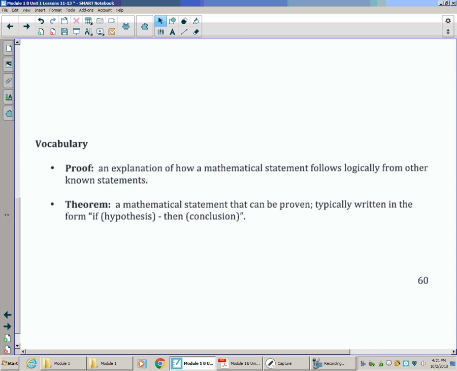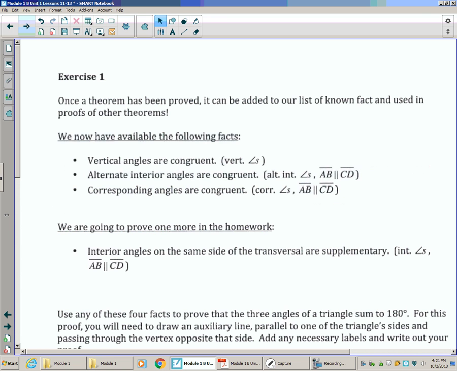So if you know that certain angles are equal, and you can prove it, and you can have a statement next to it, then you're good. Theorem is what we just proved, right? We proved that corresponding angles are congruent, so we don't need to do it over and over again. We can just use this theorem now, and we don't have to do it anymore.